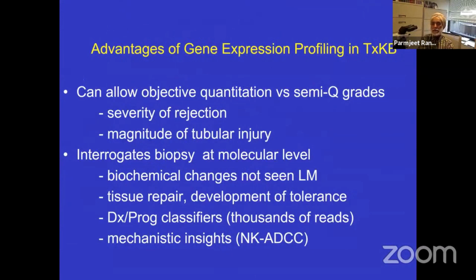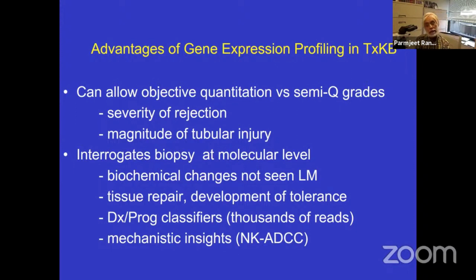And yes, this technology offers us many advantages. It can allow objective quantitation instead of semi-quantitative grades, ideally of the severity of rejection, also of the magnitude of tubular injury, although there's more work to be done in this area. It can interrogate biopsies at the molecular level. It can show you changes at the biochemical level, which are not even seen by light microscopy.